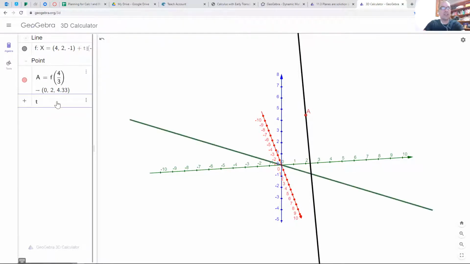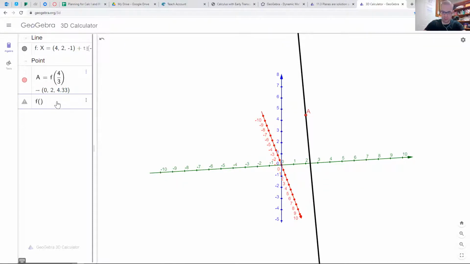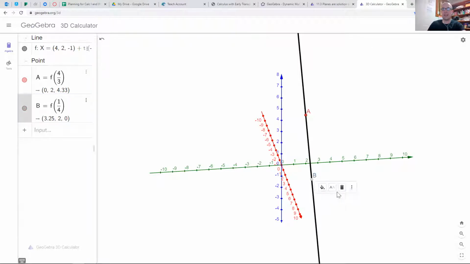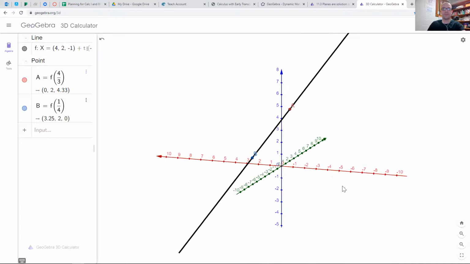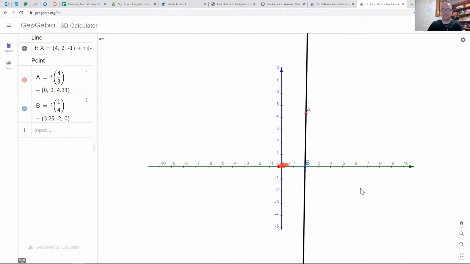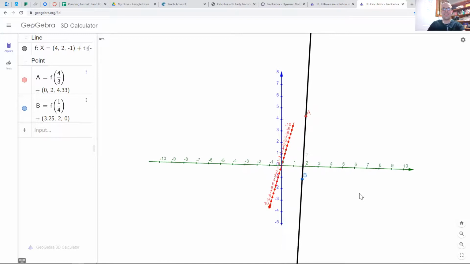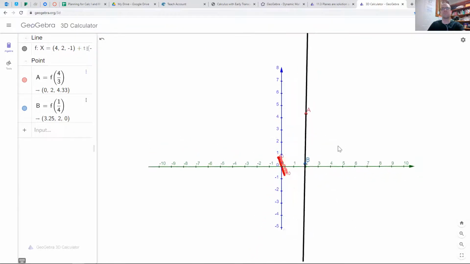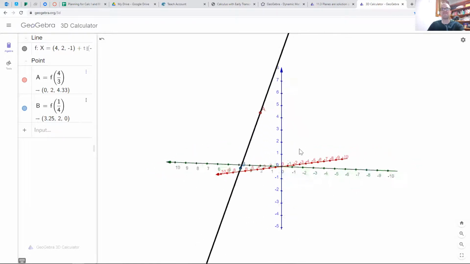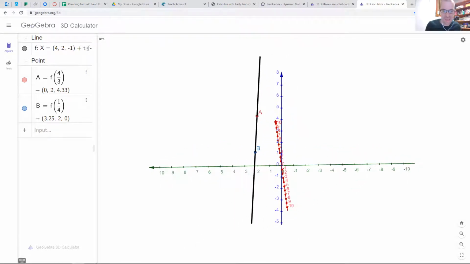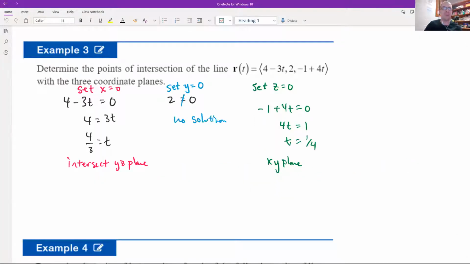And f of 1/4, boom. This is where we intersect the XY plane. Yes. And then we never intersect the XZ plane because we're parallel to it the entire time. Nice. I'm satisfied with that one.